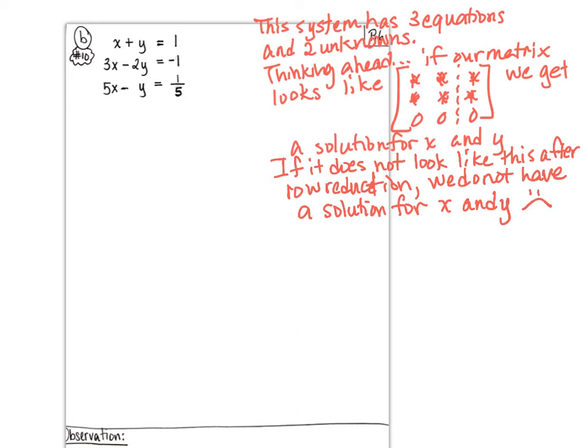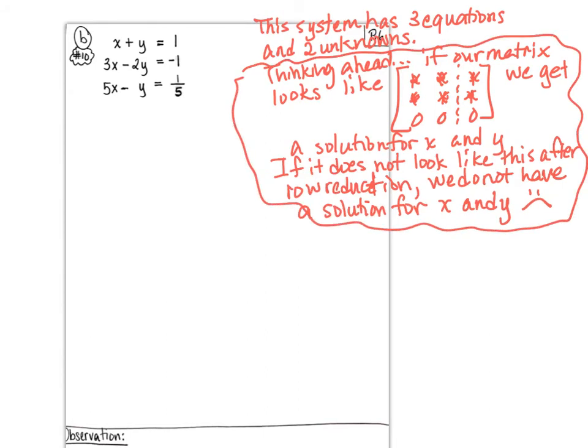Okay? So that's just thinking ahead. Ultimately, we would like to have our matrix in this form here. If we don't, then that means we won't get a solution. Are you with me? Okay?